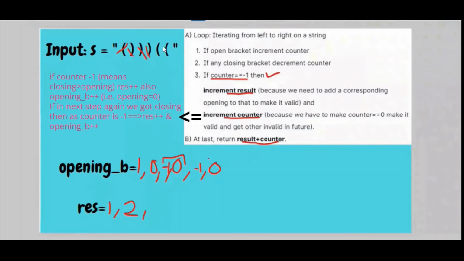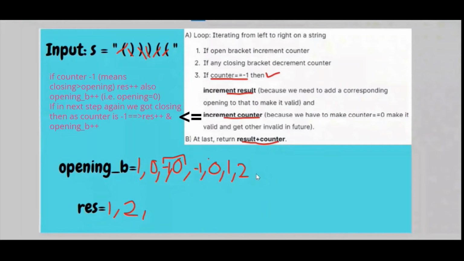Now in the next iteration there is an opening bracket. Let's capture it. Now there is again an opening, so definitely we will increment this to 2. So now I think we have reached the end of the string.